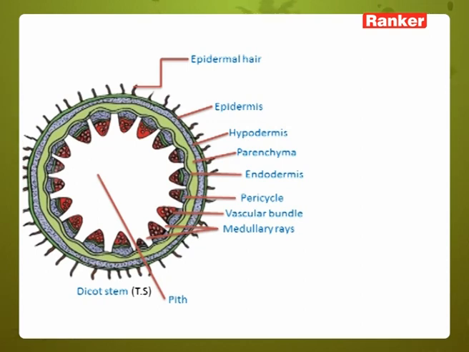The arrangement of phloem and xylem is collateral, with phloem towards the outside and xylem towards the pith. Because of the presence of vascular cambium, we can say that this vascular bundle is of the open type. So this is the total structure here.